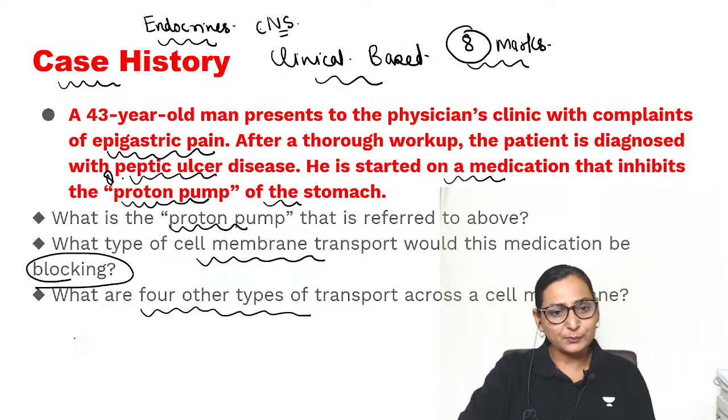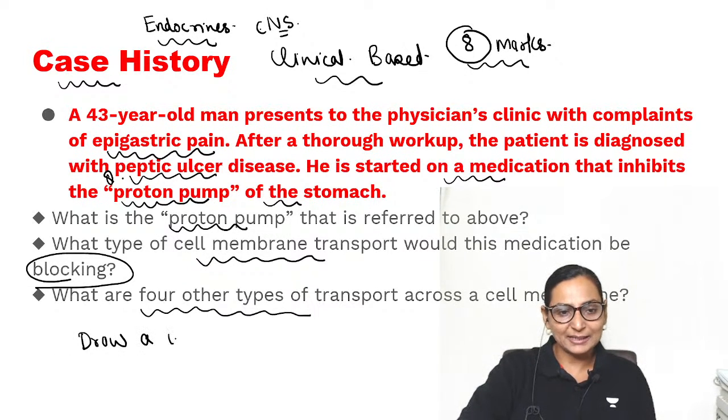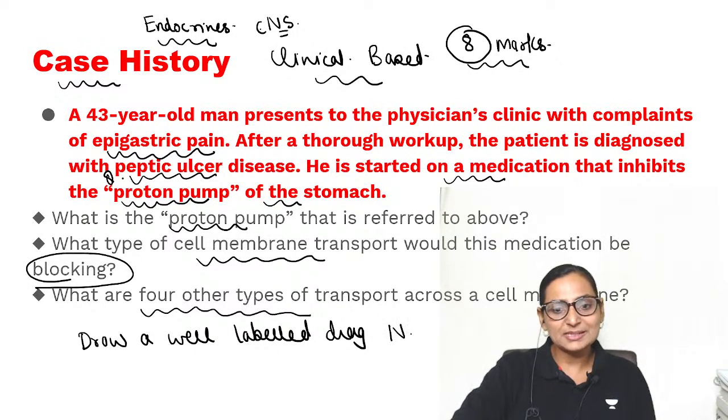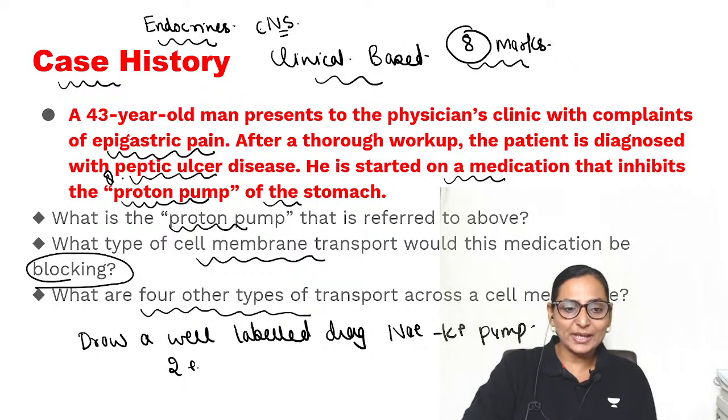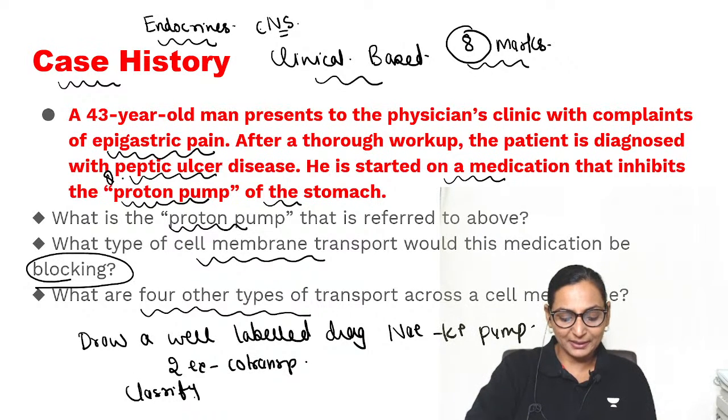Apart from this, I can tell you to draw a well labeled diagram of, suppose, the sodium potassium pump, right? Or I can ask you to give two examples of co-transport or any two examples of passive transport, or I can say classify.